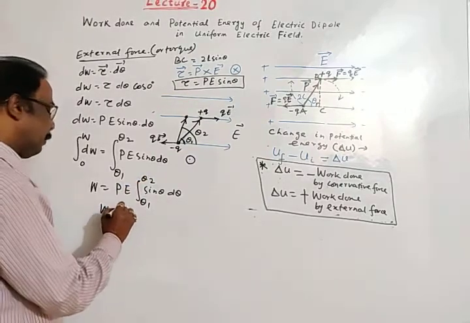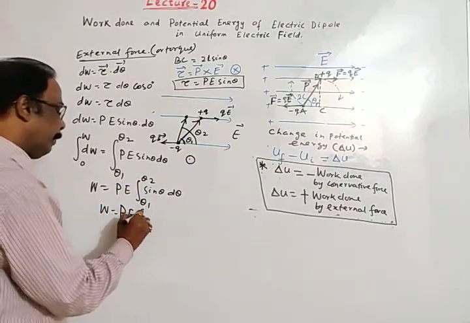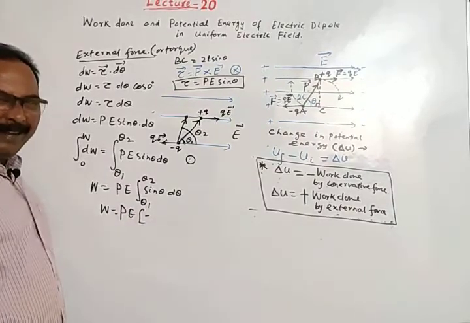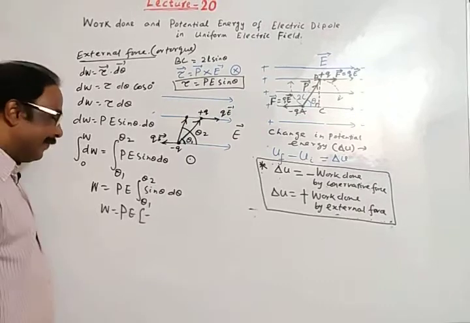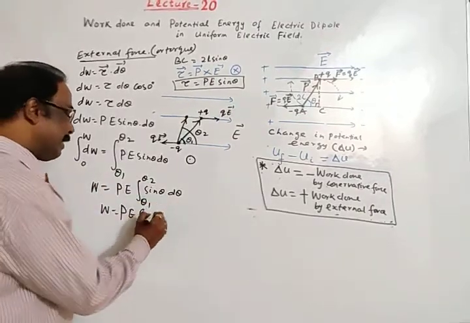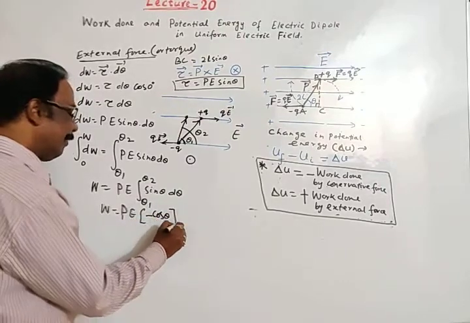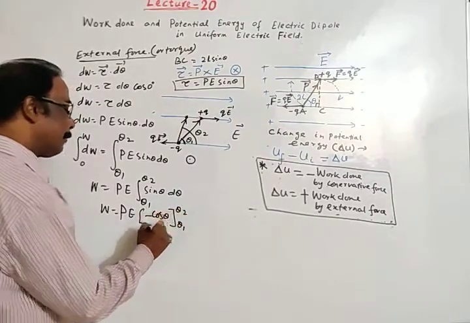Then work is equal to p E times the integration of sin theta d theta. You know that the integration of sin theta d theta is minus cos theta, with limits from theta 1 to theta 2.